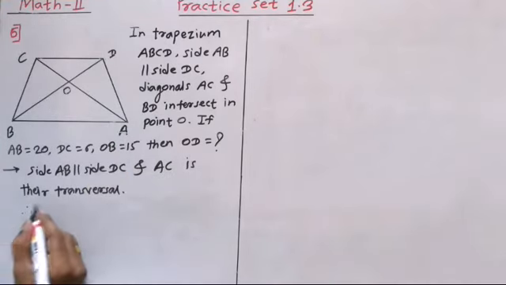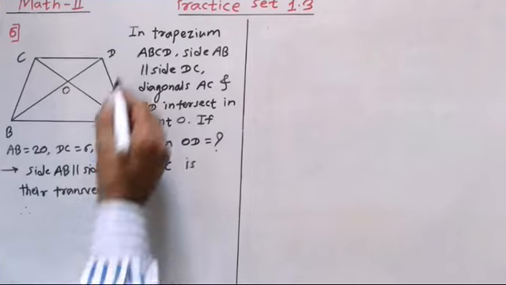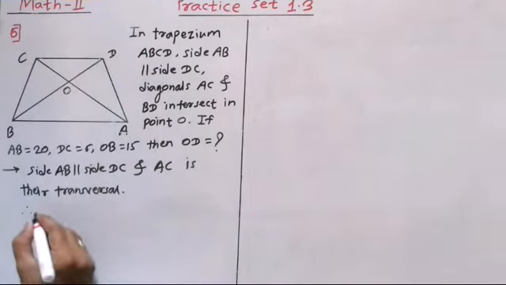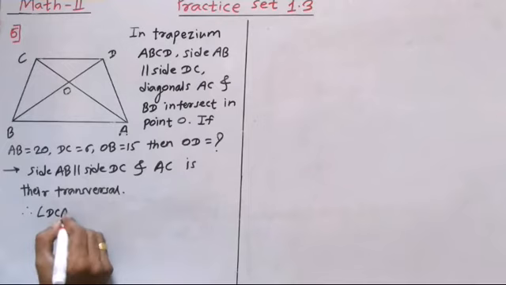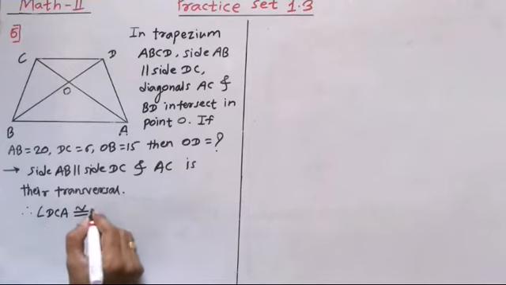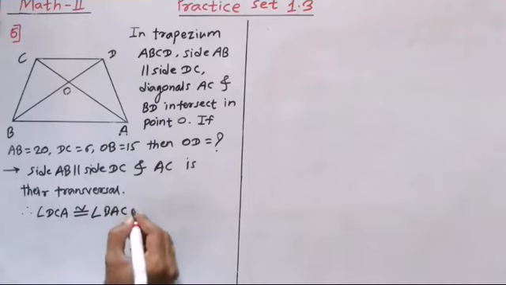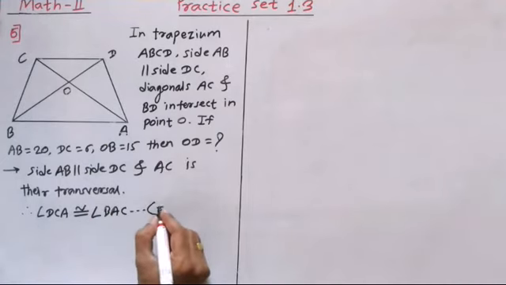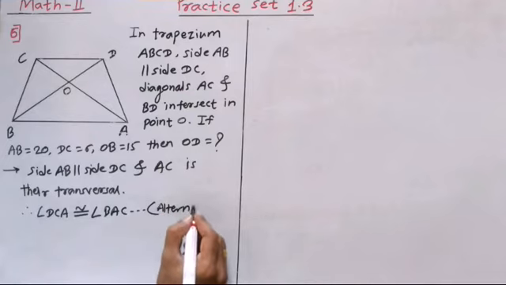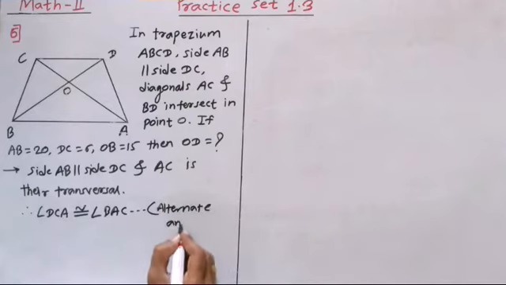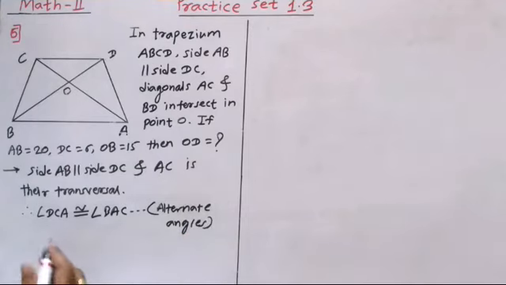So alternate angles made by this transversal, angle DCA will be congruent to angle BAC, and reason for this is that alternate angles. So these angles are congruent because they are alternate angles.